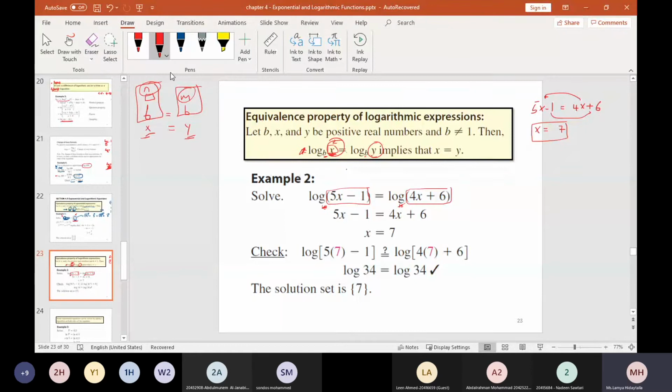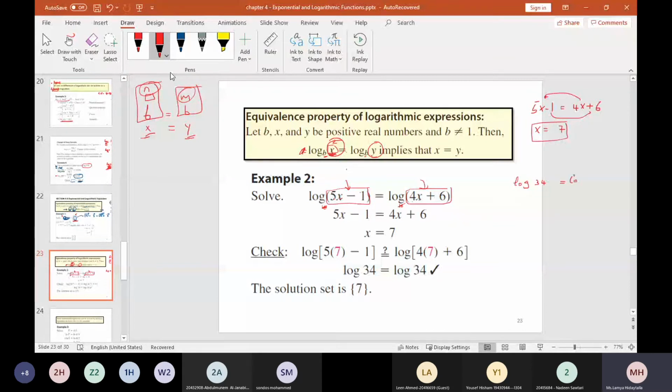After you evaluate, substitute back to make sure your solution is correct. We have 5 times 7, which is 35, minus 1, which is 34. Correct? The left hand side is log 34. What about the right hand side? Substitute x with 7: 4 times 7 is 28, plus 6 is 34.